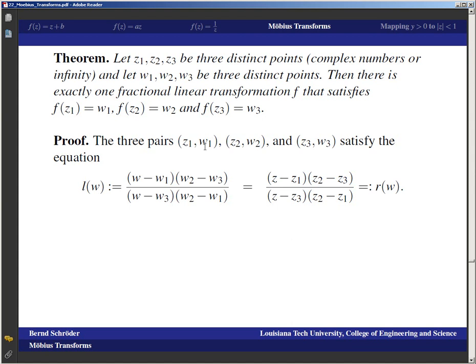If we plug in Z1, W1 on the left side, we get 0 because of this. On the right side, we get 0 because of this term here. Great. Okay, so that means Z1, W1 satisfies the equation because we get 0 equals 0. Z3, W3 satisfies the equation in an extended sense because if I plug W3 in here, I get 0 in the denominator. If I plug Z3 in here, I get 0 in the denominator here.